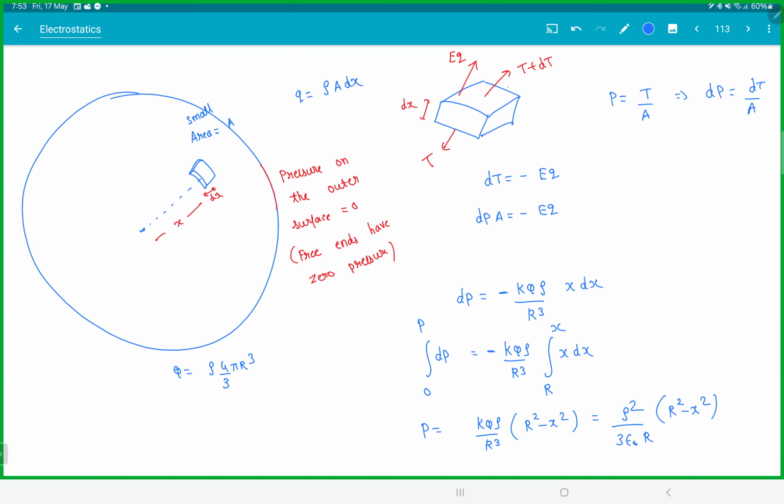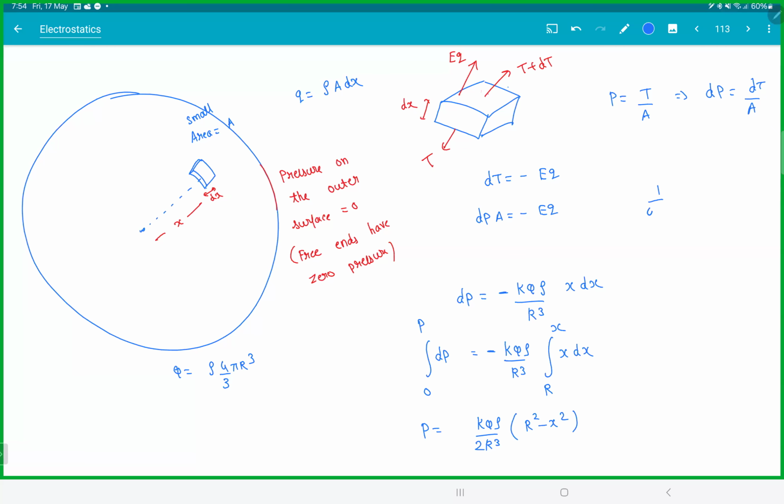3 आएगा. Just check that again. KQ rho. Ah, I forgot there is a 2 also here. X square by 2 ना integration में. ठीक है, substitute that, you'll get a rho square expression.